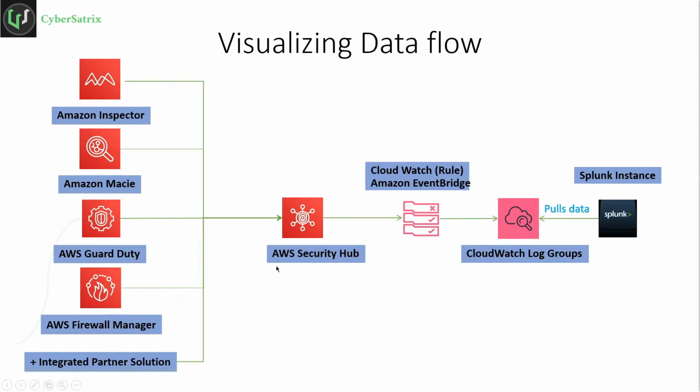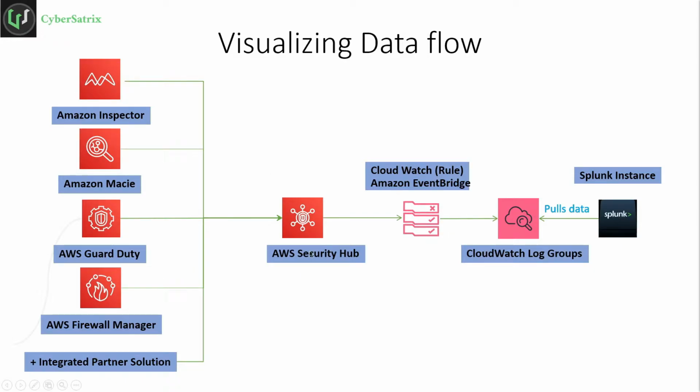So they'll be sending their findings to AWS Security Hub, and then using the EventBridge, I'll be sending the AWS Security Hub logs to the CloudWatch log group, right? And with the help of the Splunk add-on for AWS, which will be installed on this Splunk, it will pull the data from these log groups using the programmatic user access that I have created on the AWS IAM. Okay, hope you are clear.